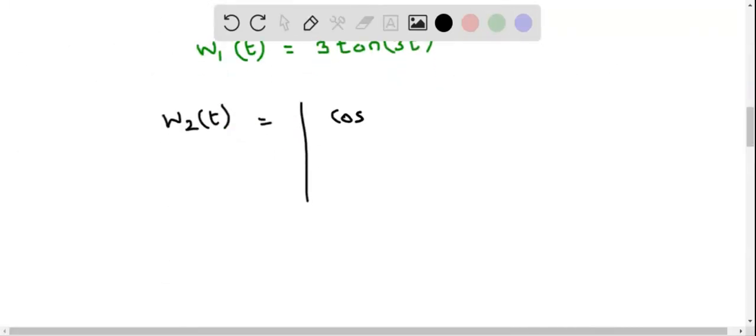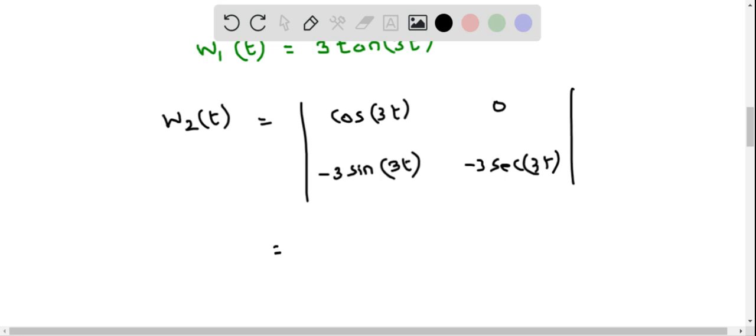So this will be cosine 3t and then negative 3 sine 3t. In the second column we put 0 for the first row, and this element is replaced by g of t, which is negative 3 secant 3t.